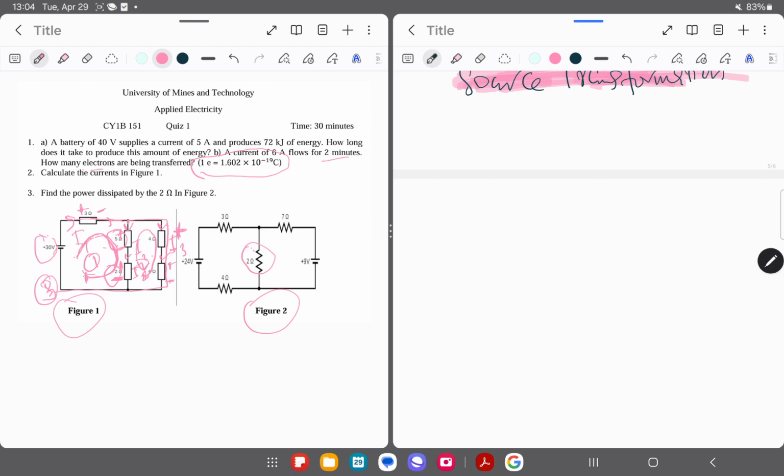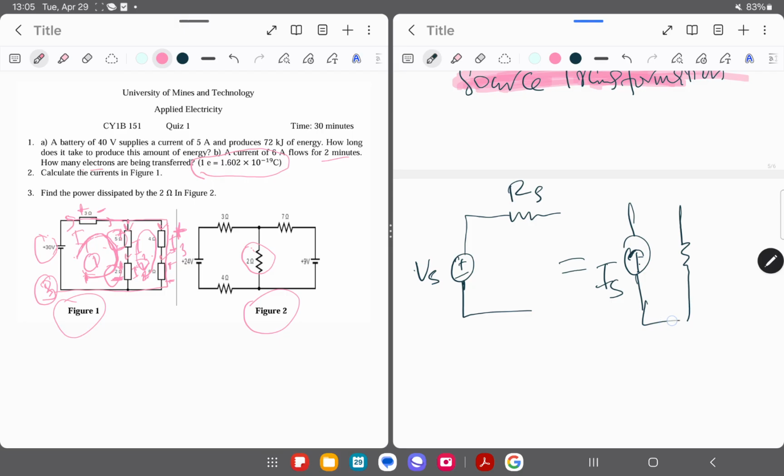Source transformation just means that if, for example, I have a voltage source in series with a resistor, let's say RS and then VS, you can transform this to a current source IS in parallel with the same resistor RS.